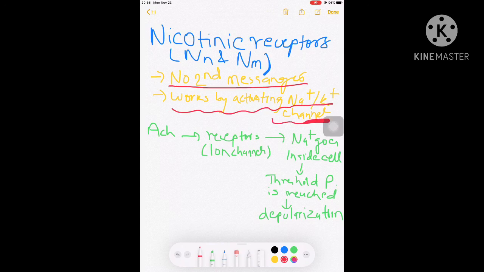Let's discuss this briefly. But if you want to remember only two things, then these are the points. When acetylcholine comes and binds to the acetylcholine binding site on these receptors, remember these nicotinic receptors are ion channels. Then it causes movement of sodium inside the cell.